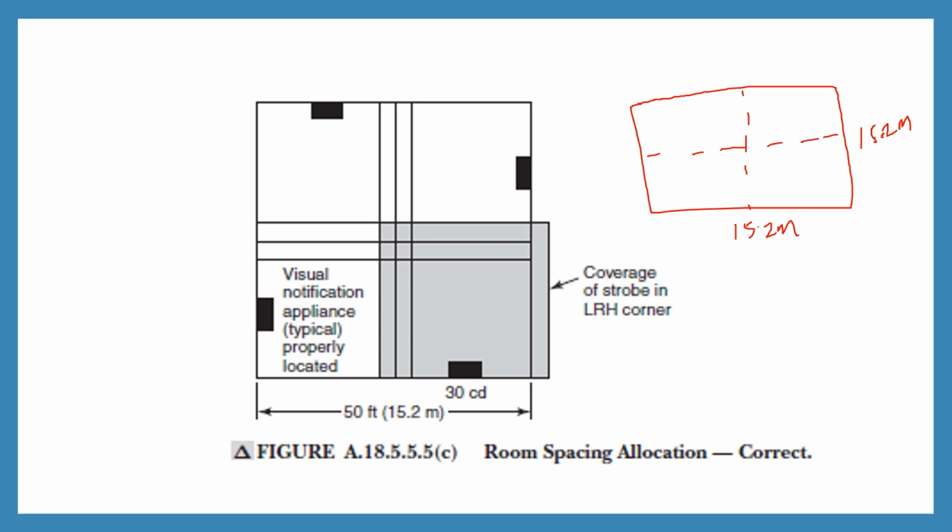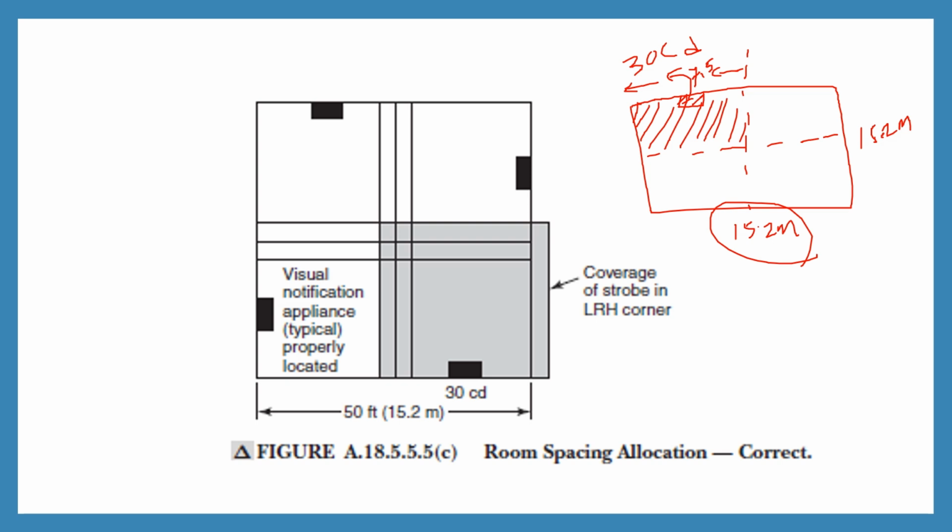Then I will consider this particular area as a room, so that we can place the strobe in the center, and I will consider the same 30 CD rated strobe. And since this distance will be 15.2 meter by 2, it will be around 7 point something, so consider 7.5 or 7.6, whatever it is.